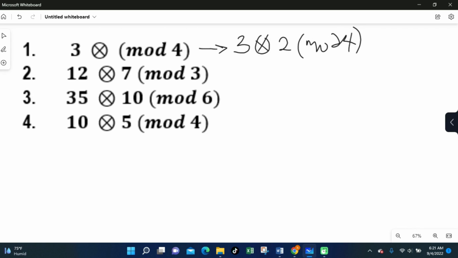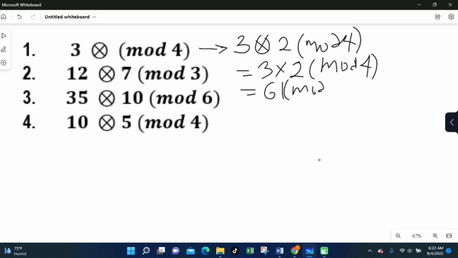So if we're asked to do this, we are going to have 3 times 2, which is 6 mod 4. Now we'll have to simplify this.